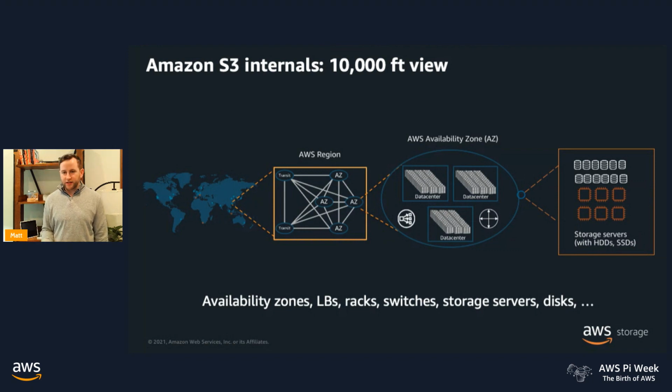Each of those AZs is a standalone data center or a cluster of data centers on a single site. And they're typically a few miles apart to isolate them from local failures like fires, floods, or power failure, but they're never more than 100 miles apart so that we can retain super high performance for S3, even when we're protecting that data by writing it across multiple AZs in an AWS region.